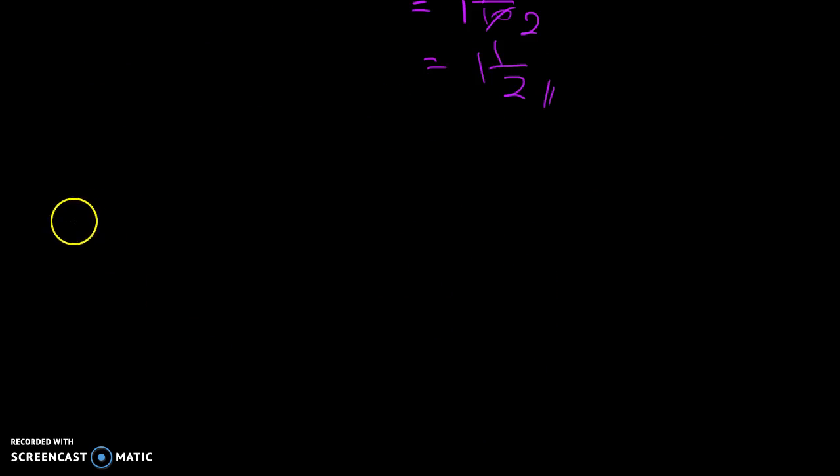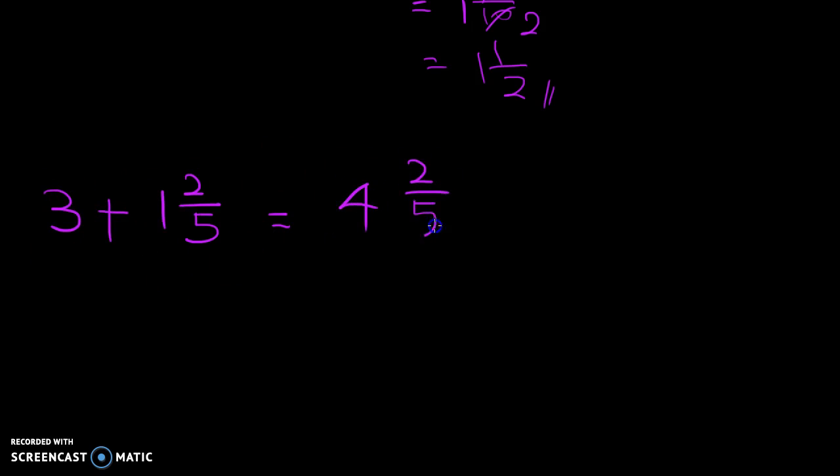The final example I would like to show you is when you have a whole number, let's say 3, and you add it to a number like 1 and 2/5, for example. Because this is the whole number part, and this is the whole number part, and this is the fraction part, what I can do is add the whole number with the whole number to end up with this immediately.